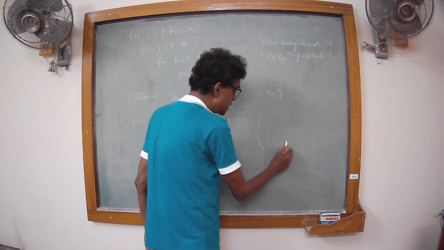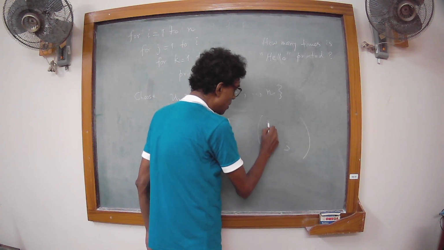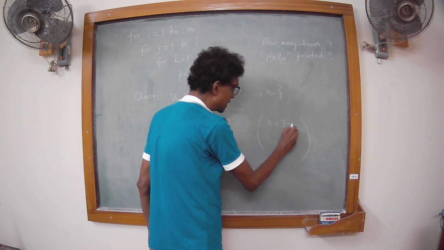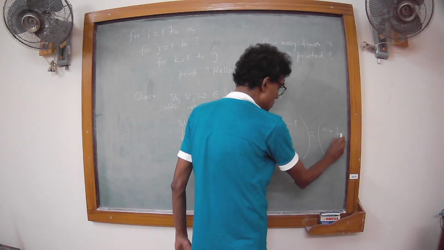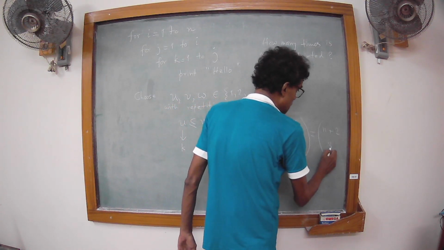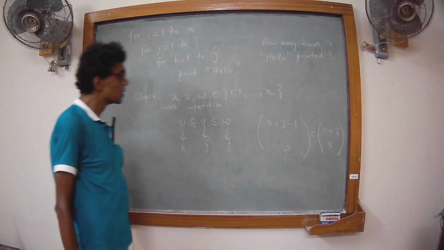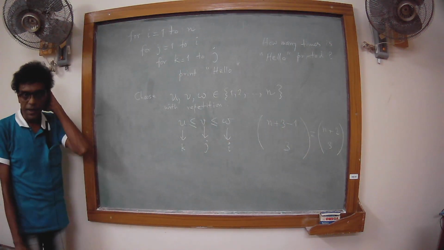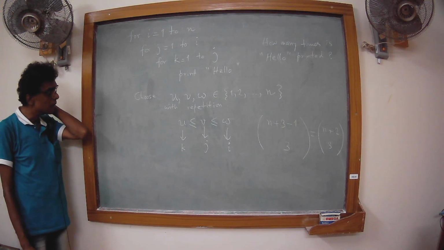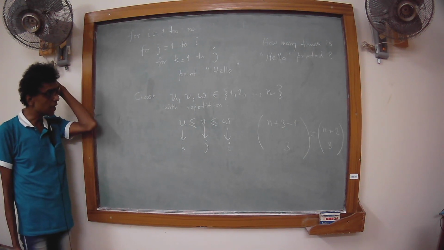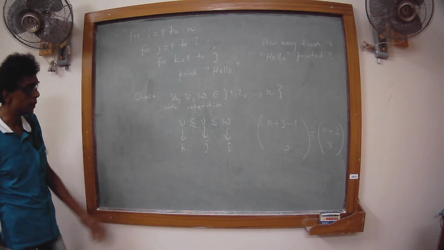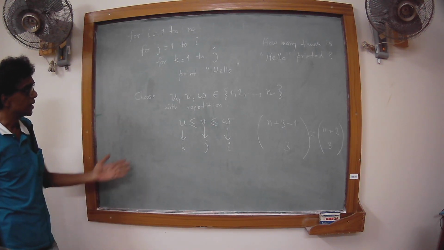So, you are choosing 3 elements from a population of size n. So, this should be n plus 2 choose 3. Okay. So, that is the general formula. And using this result on combinations with repetitions, we can easily derive this formula.